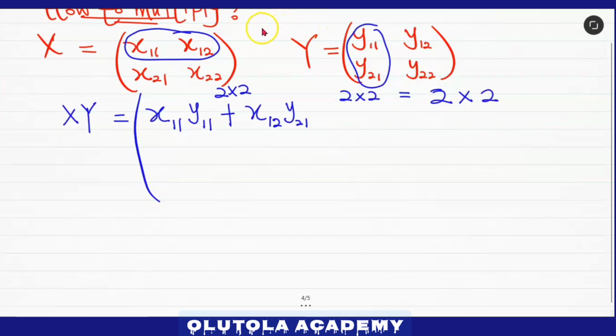The way we do it, x11 we multiply by y11, x12 we multiply by y21.